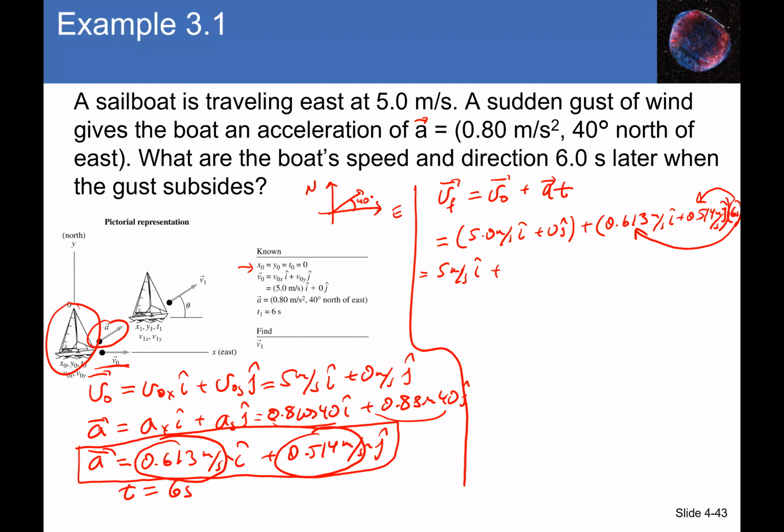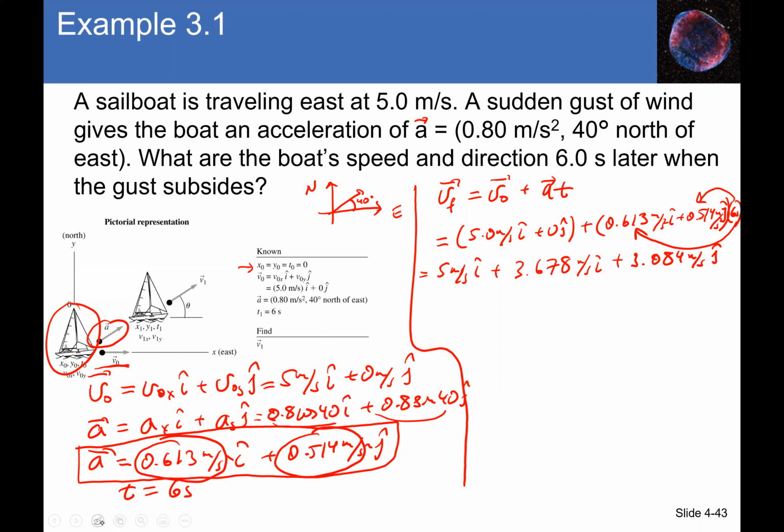And let's see what we get from there. 0.613 times 6, I get 3.678 meters per second i hat, because it's acceleration times time, we cancel one of the seconds. Then plus 0.514 times 6 seconds, then I get 3.084 meters per second j hat.